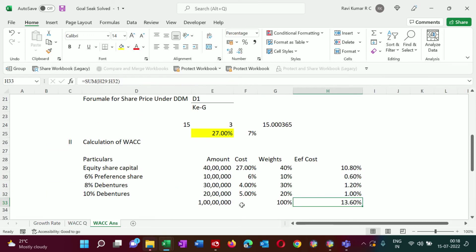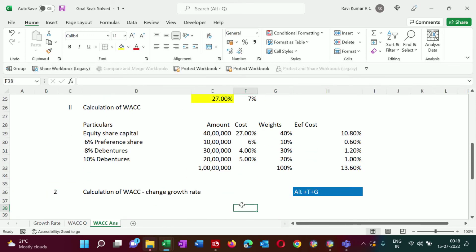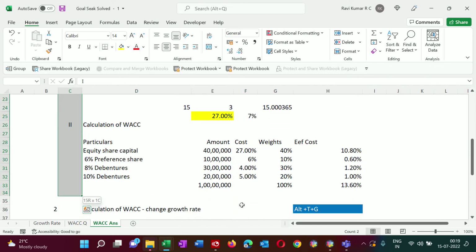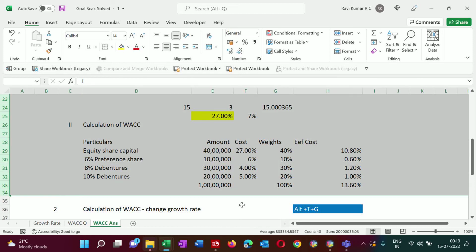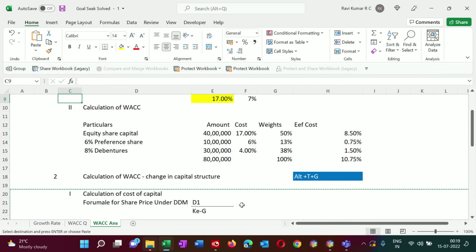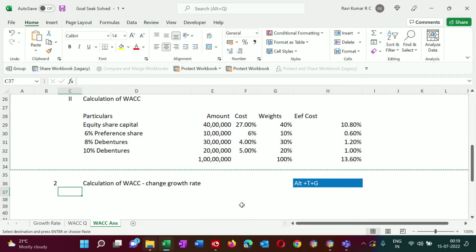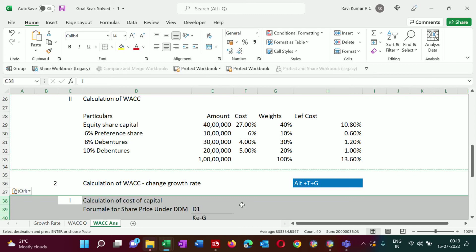So now what we need to do is again copy paste the same structure. I'm pasting it here, right?